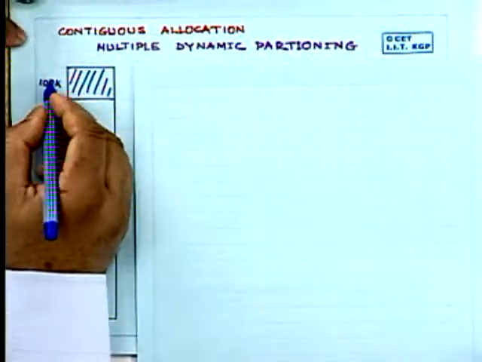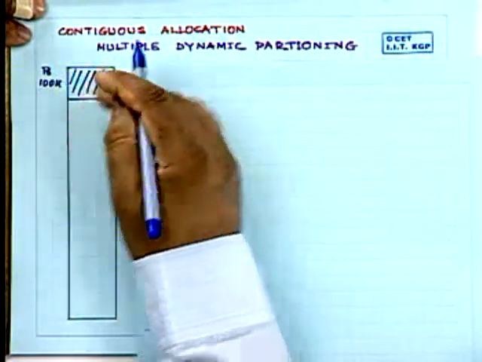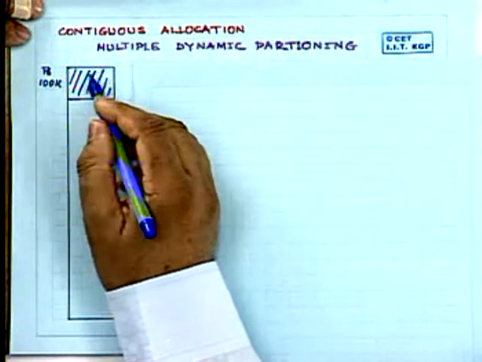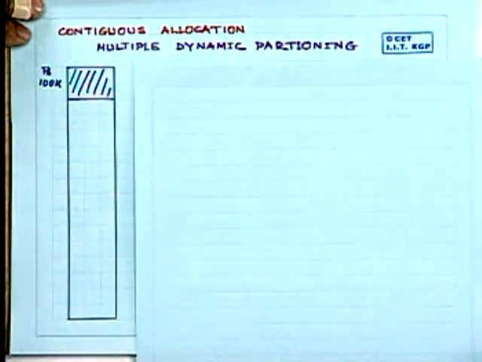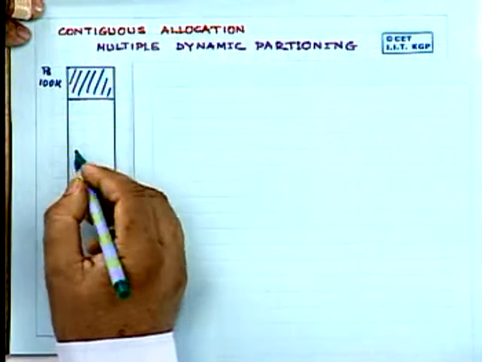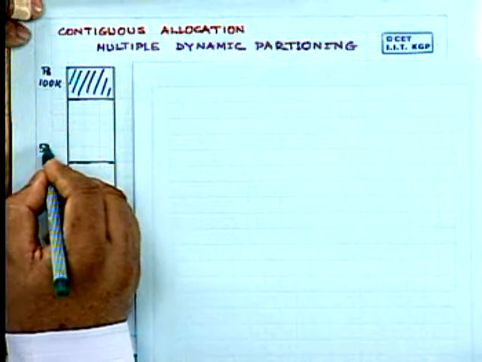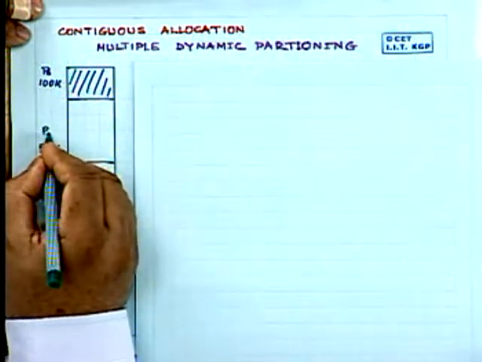Say this is the process P0, it needs 100K, we have cut out a chunk of the main memory of size 100K and allocated it to P0. Another process has come of size, say, 500K. This is a process P1.